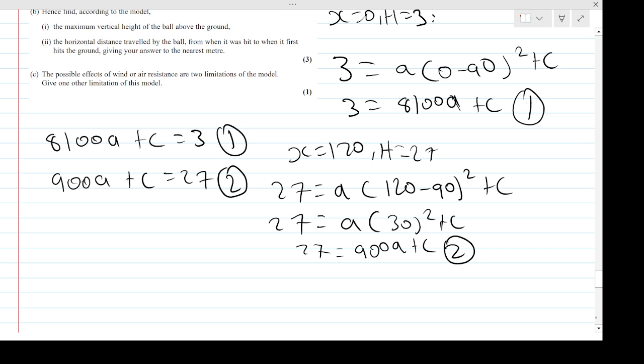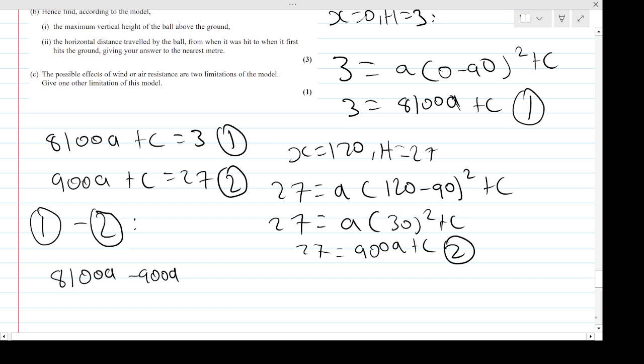Well, I can get rid of the c by taking the equations away. So if I take the first equation from the second, that means 8,100a take away 900a, plus c take away c, is going to be 3 take away 27, right?